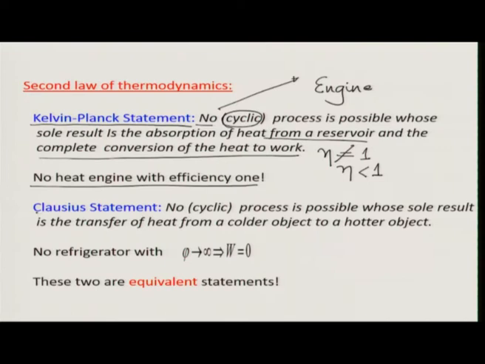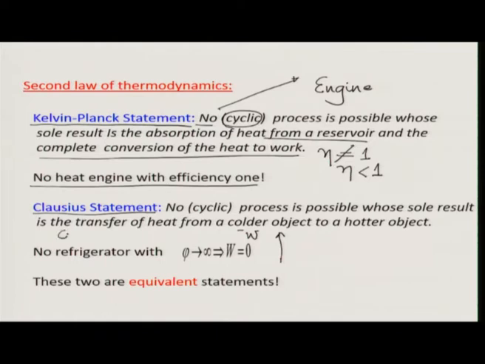Now, the Clausius statement. The Clausius statement is in the context of a refrigerator. No cyclic process is possible whose sole result is the transfer of heat from a colder object to a hotter object. That means I must do some work to make a refrigerator work.